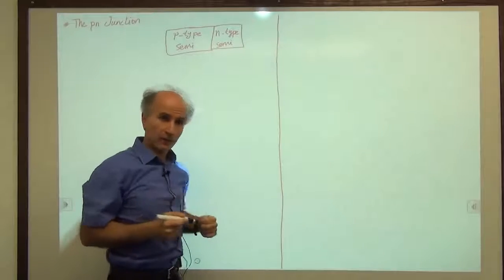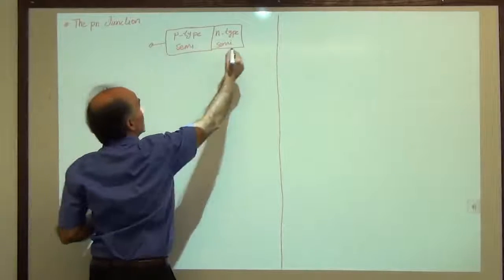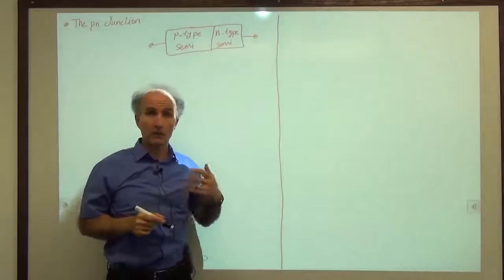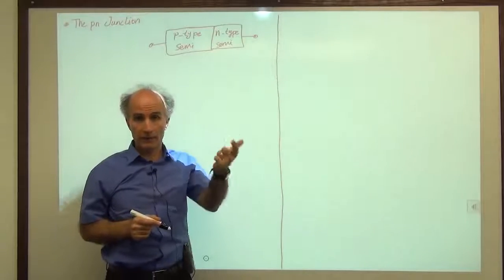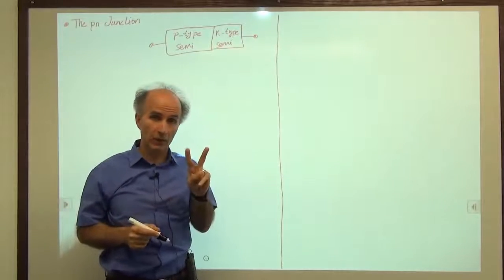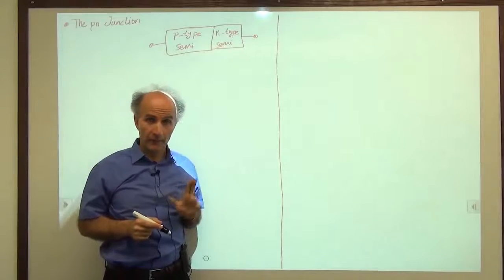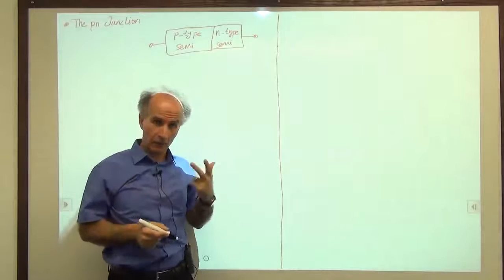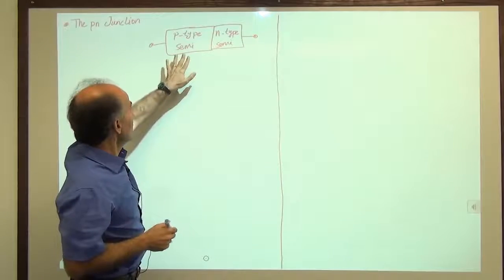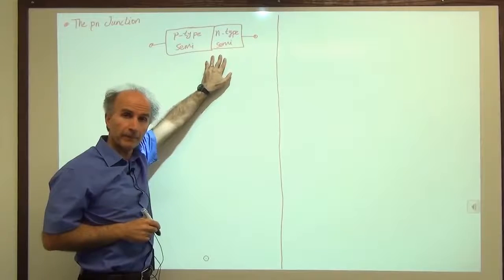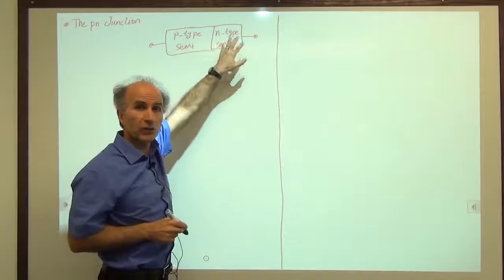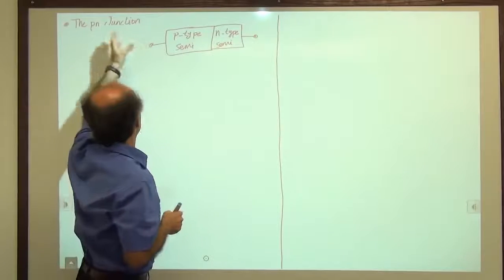This is a two-terminal device. This is one terminal, this is the other terminal. So it's good because we are used to two-terminal devices: resistors, capacitors, inductors. The only device that we have seen that had more than two terminals was the transformer. But beyond that, most of the devices we have played with have only two terminals: voltage sources, current sources, switches. So this device has two terminals, and it consists of a P-type semiconductor attached to an N-type semiconductor. So we call it a PN junction.